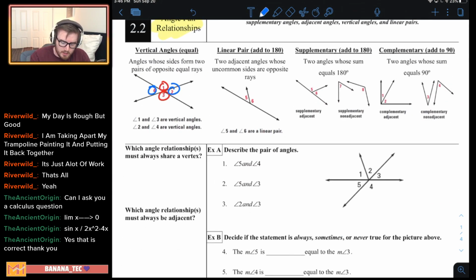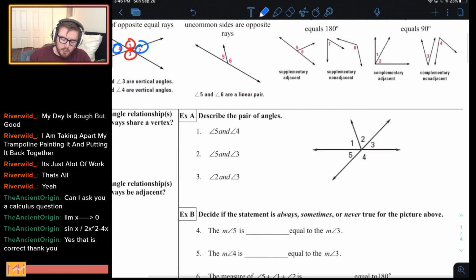So let's have these quick examples. 5 and 4 are adjacent, because they share a side and they're making a straight line. What do we call that? A linear pair. But since they add to 180, they're also supplementary.